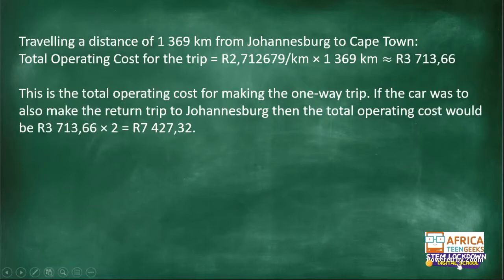Now, if you have to make a return trip, this means you will simply have to double this amount, 3,713 rands and 66 cents. You just have to double that, because then you are making a return trip to Johannesburg.